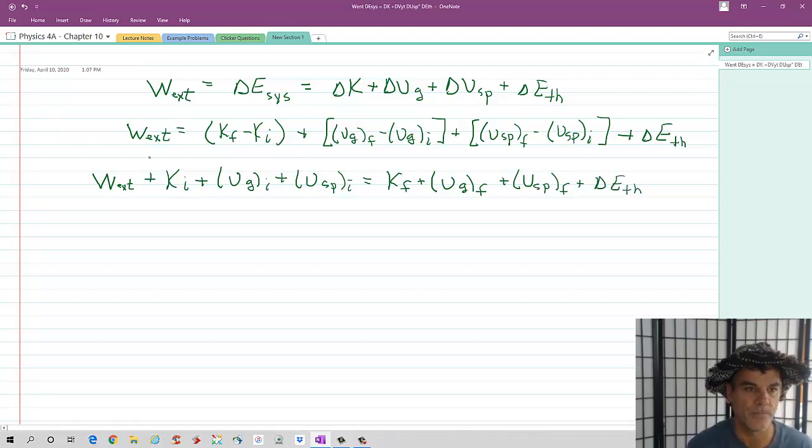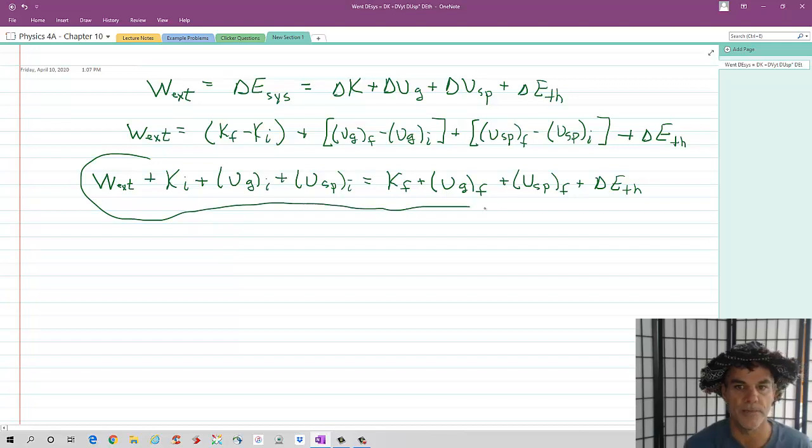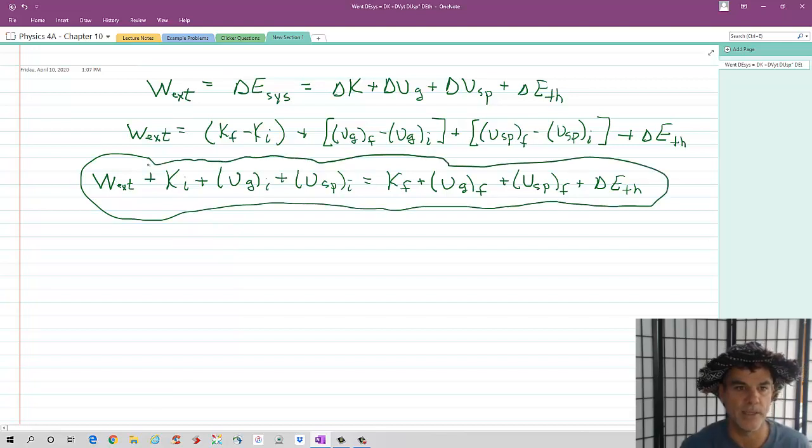This is equivalent to that very first equation, where instead of writing things as delta, I've moved all the initial values to one side and all the final values to the other.